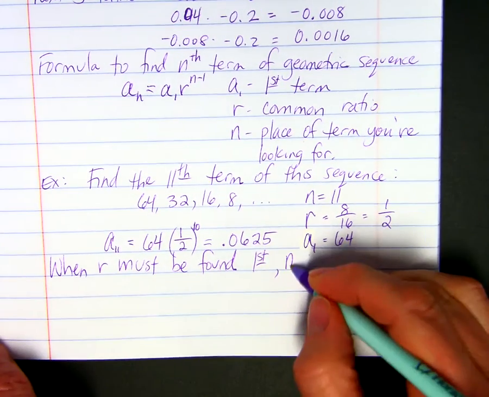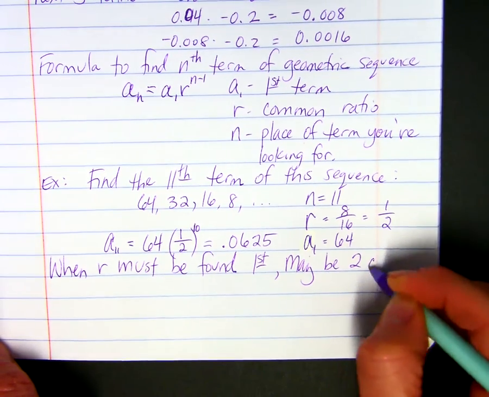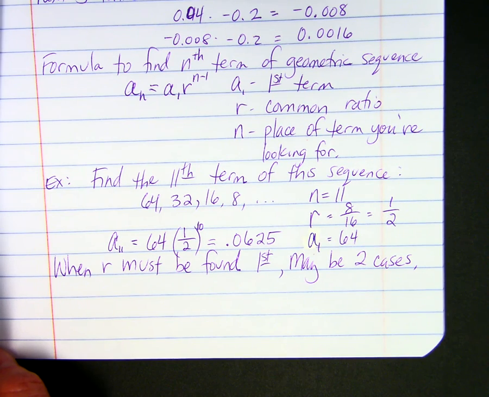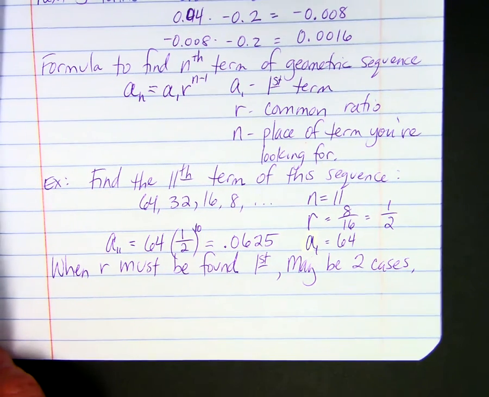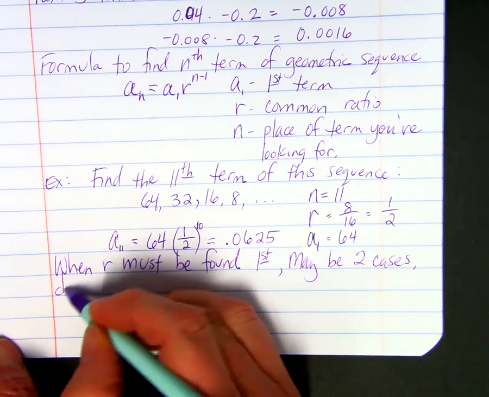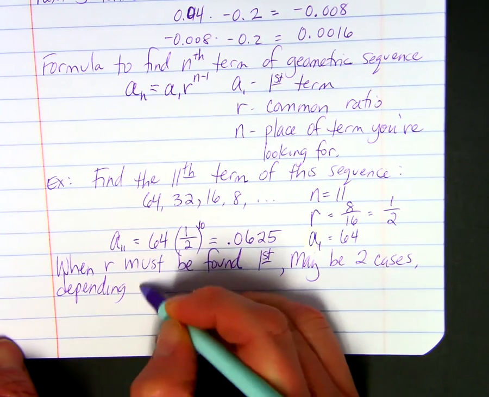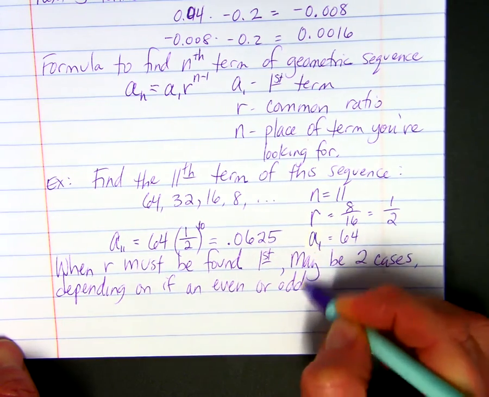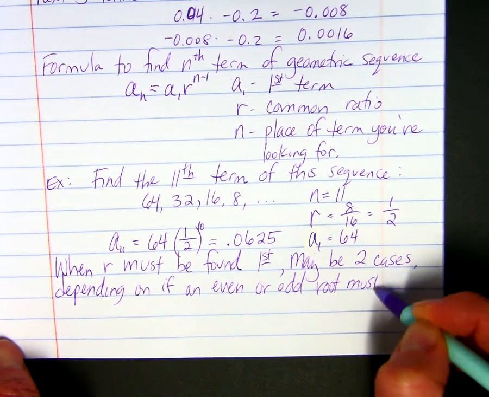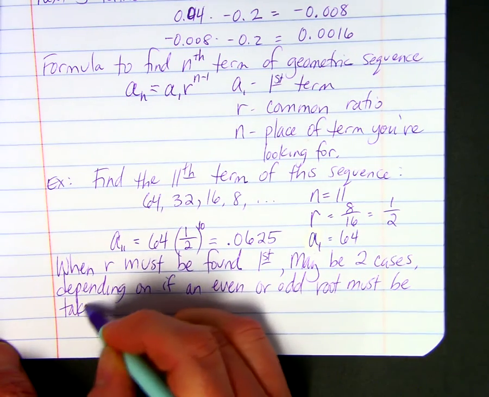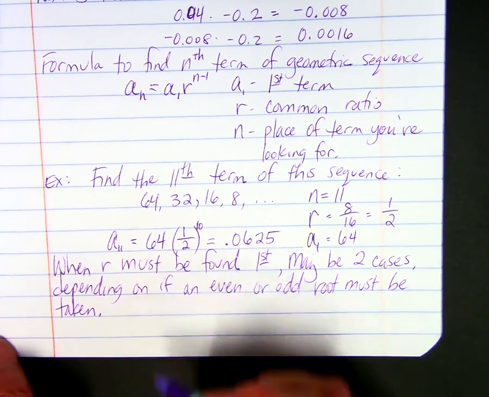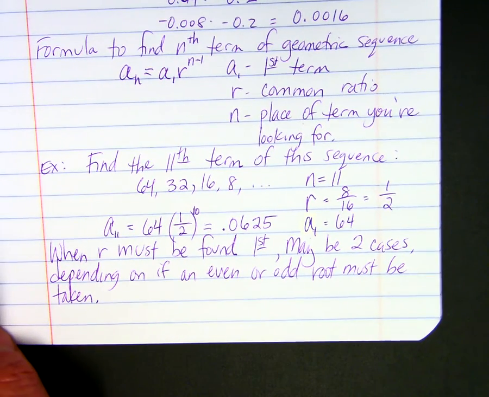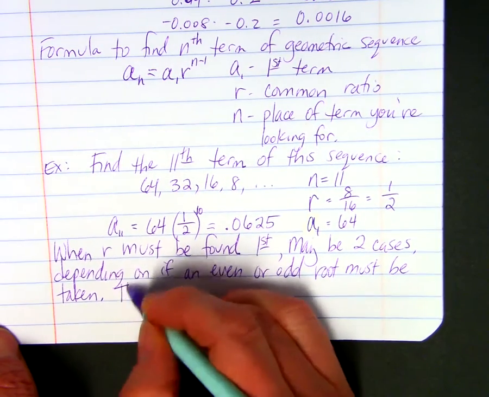Not always, but there may be two cases, depending on if an even or odd root must be taken. Therefore, there could be two possible values for the nth term.